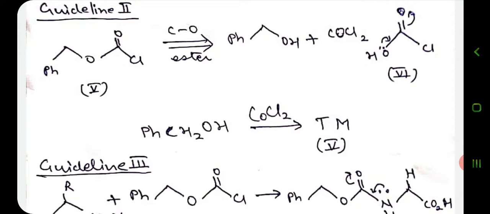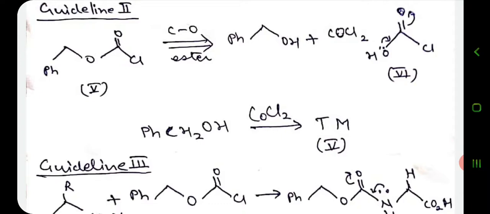For example, the acid chloride represented by number 5 is used to protect an amino group in peptide synthesis. Disconnection of the ester bond gives simple starting materials, but the synthesis will require the COCl2 group to react once only with this compound.